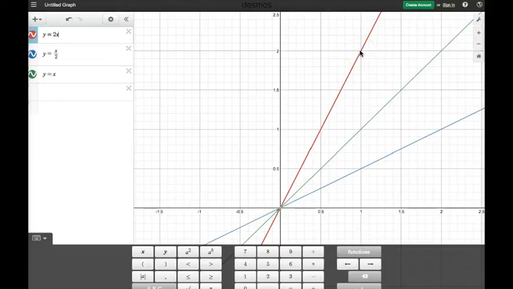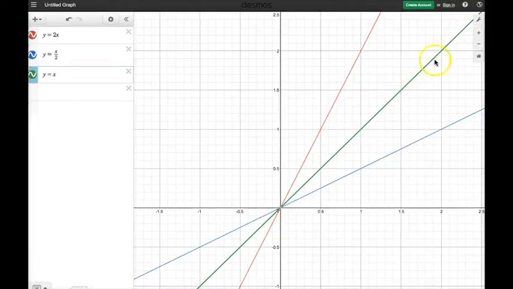This is the point 1, 2 here on the red curve. This is the line y equals x, and the blue curve, I've highlighted it, that's the curve y equals x on 2.